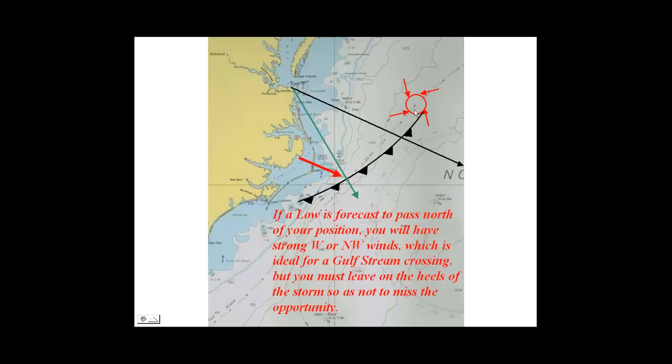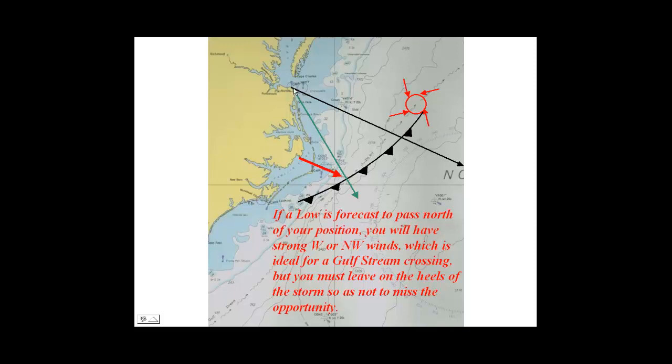If, on the other hand, I'm crossing and I have a low passing north of my run line, now I'm going to be getting winds blowing from the northwest as the trailing cold front comes through. And that's beautiful. This is when you leave. You have a storm passing north of you.